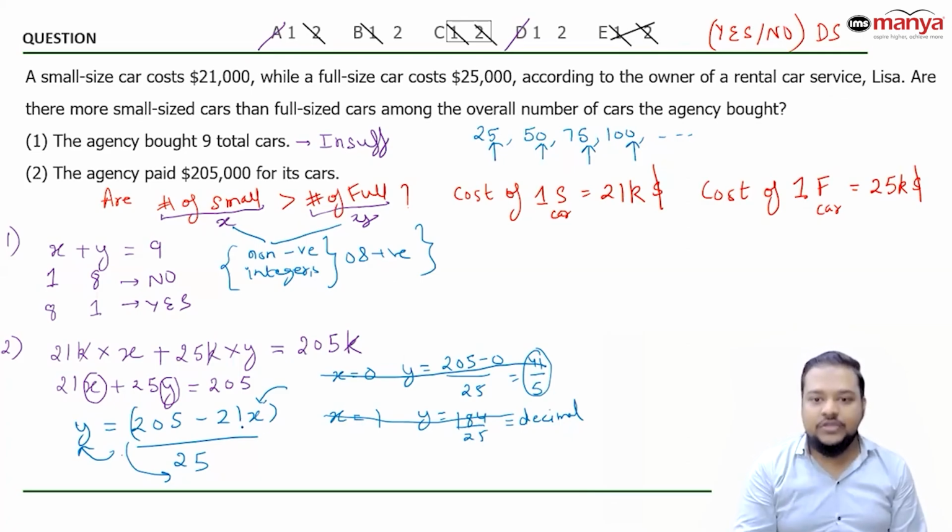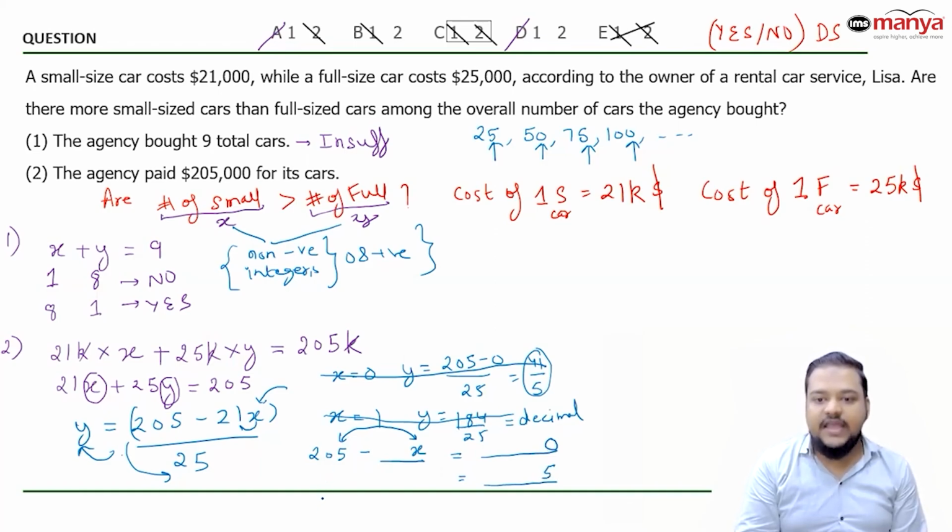Let's do it. So if you observe here, x into 1 will be x only. So now think, 205 minus the last digit of x, you want the units digit to be either 0 or 5. So 5 minus what will give you 0? 5 only. Let's place x equal to 5 then.